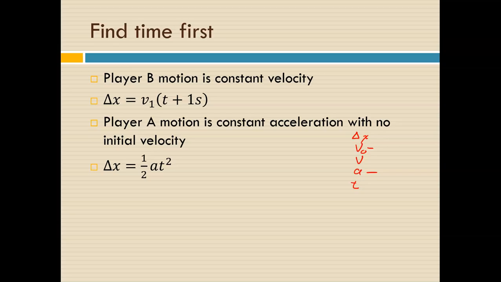So if equation 1 equals delta x and equation 2 equals delta x, what can I do? Set them equal to each other. So I can write delta x on the left-hand side as 1/2 at squared. Delta x on the right-hand side is going to be v1 times delta t plus 1 second, excuse me. You see where we're going here, guys?